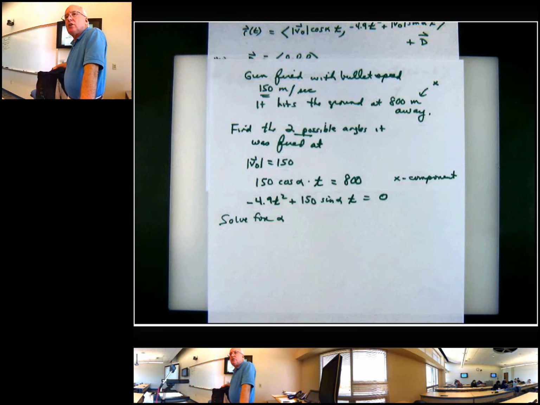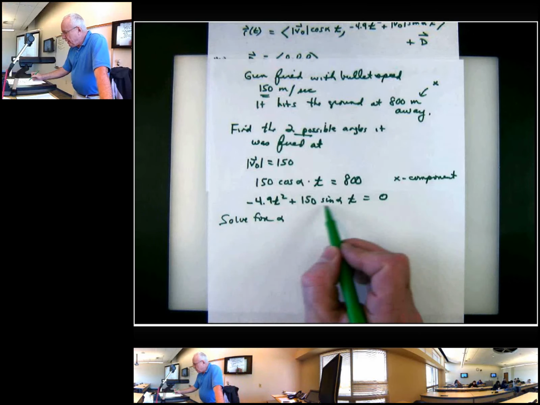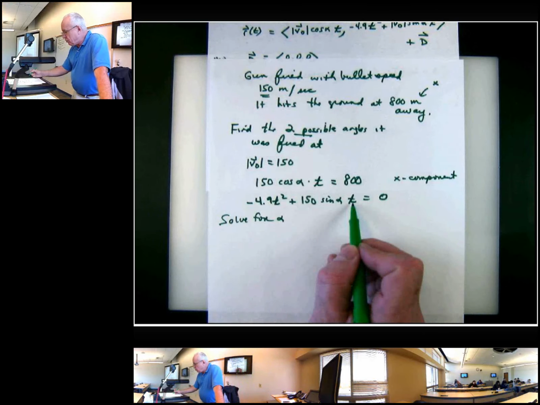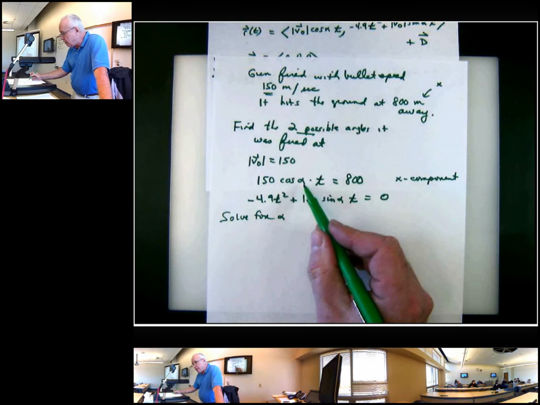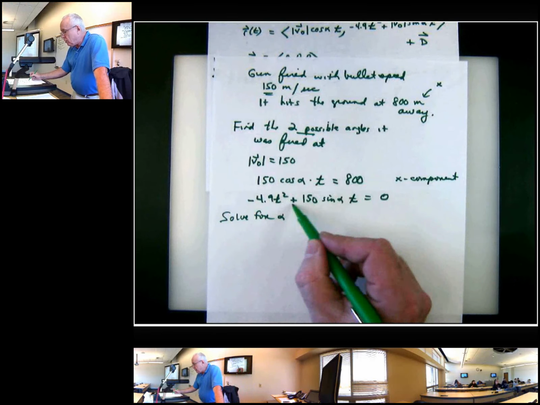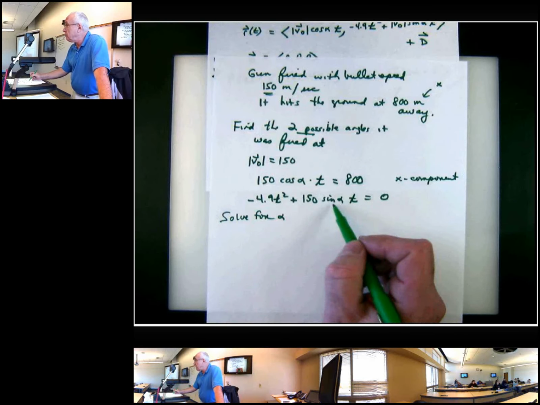Ideas on what you might start with? There are two things we don't know: the time that's elapsed, and the angle. But we can use this second equation to get the unknown time in terms of the angle.